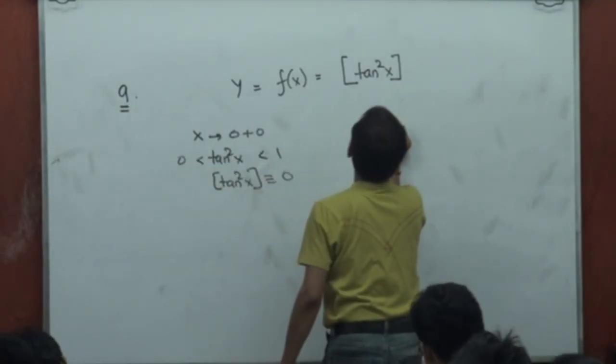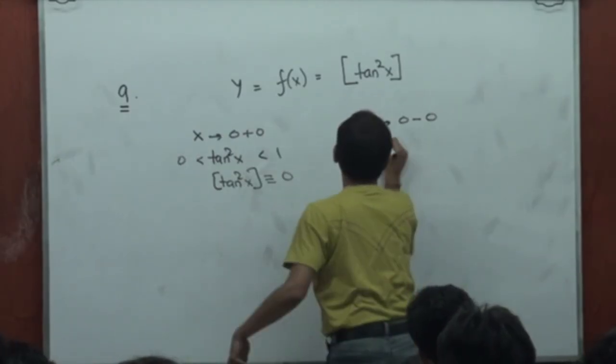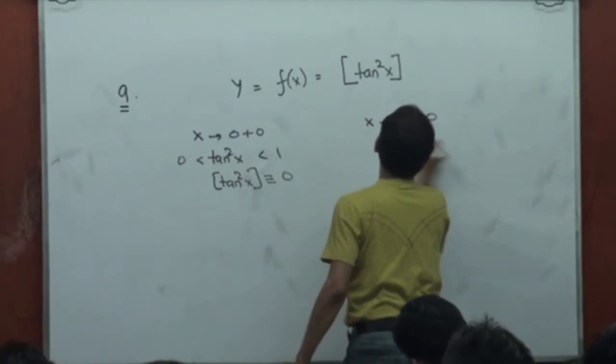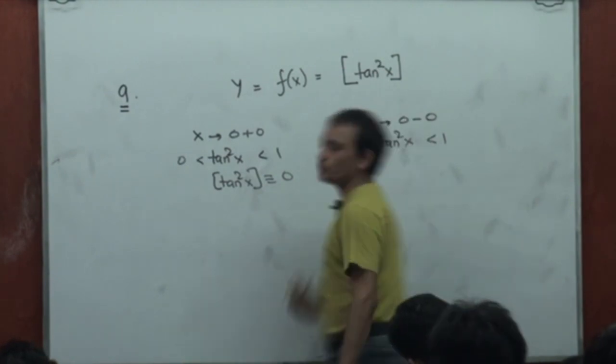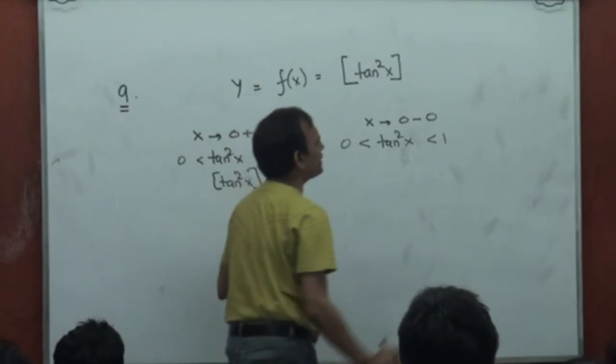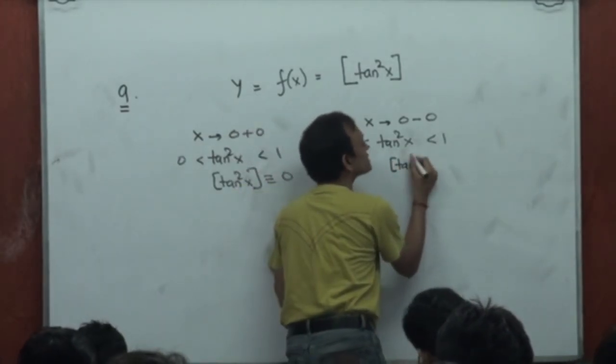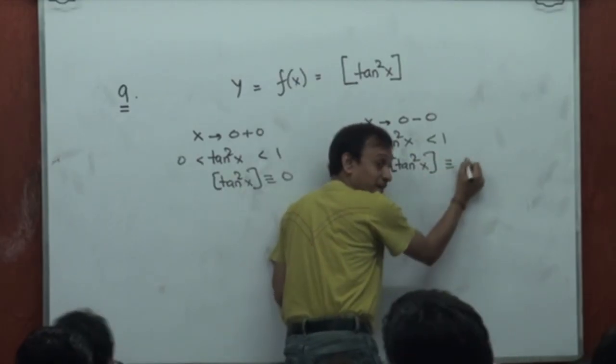And when x is slightly less than 0, once again tan squared x will still be less than 1 and greater than 0. That means in the left hand neighborhood of x equal to 0, box of tan squared x will still be identically 0.